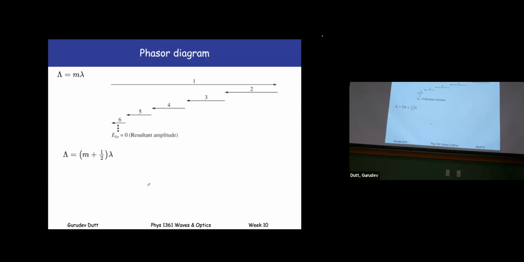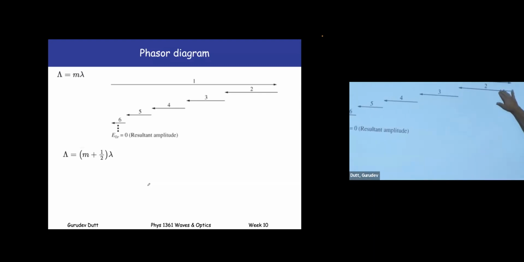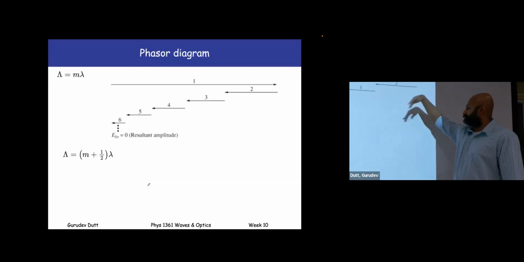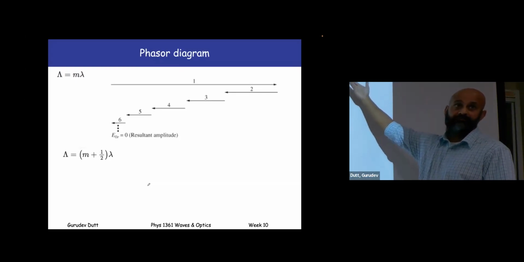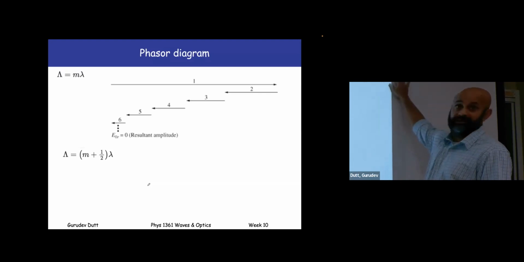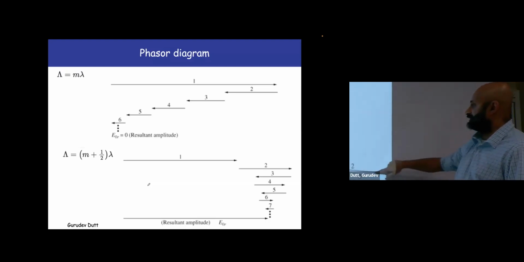Same idea. Whereas if the path length difference was m plus half lambda, then even though the first reflection is this and the second is this one, even though the second reflection should be pointing in the opposite direction, because we have added this plus half lambda, this one will still be in the same direction as the first one.